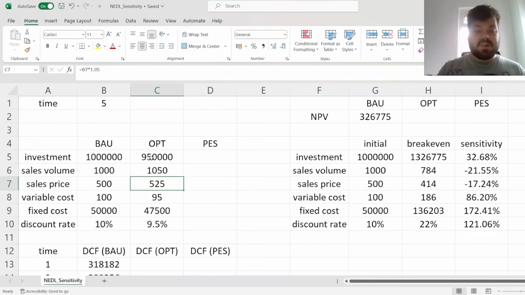So now this project is cheaper, has got lower variable costs and fixed costs, and a lower discount rate, whereas it sells more product at a higher price. That's basically the dream.